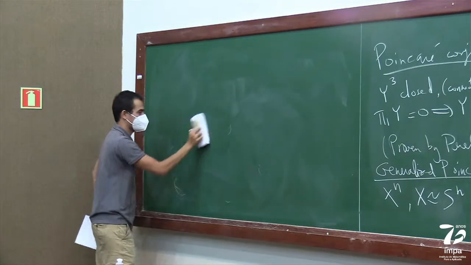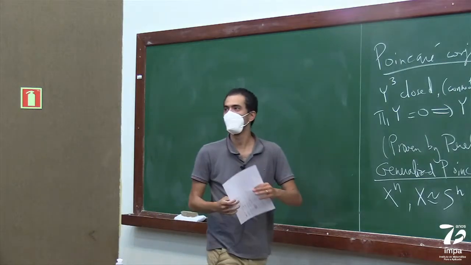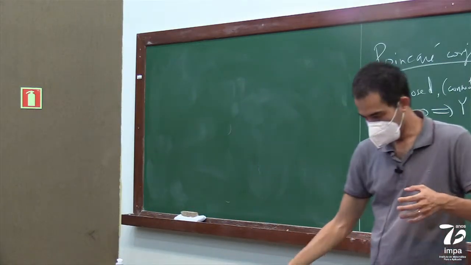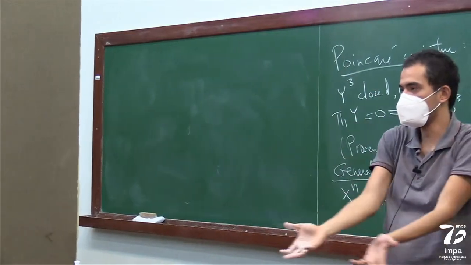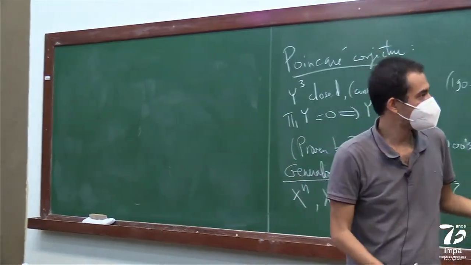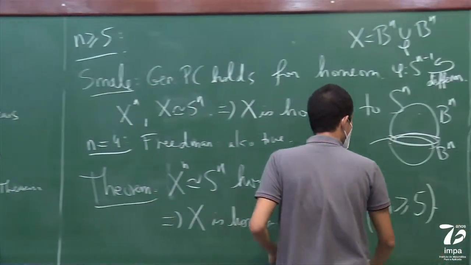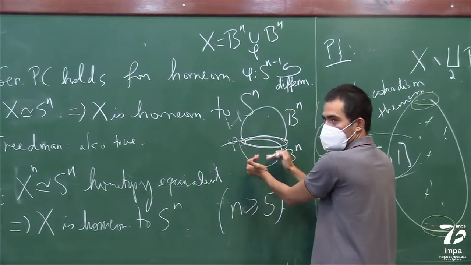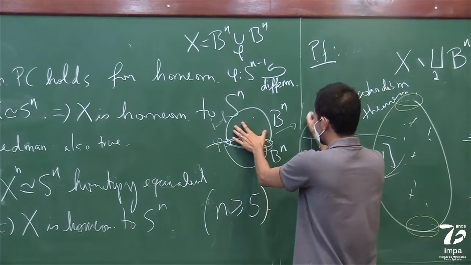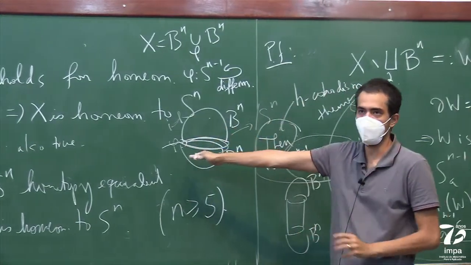I'm not going to write the formula, but I can say how it goes. You have the northern hemisphere and the southern hemisphere. So what you do is you use the identity on one of them, and then you use phi to keep gluing. You want to map from this to Sn, or from Sn to this.